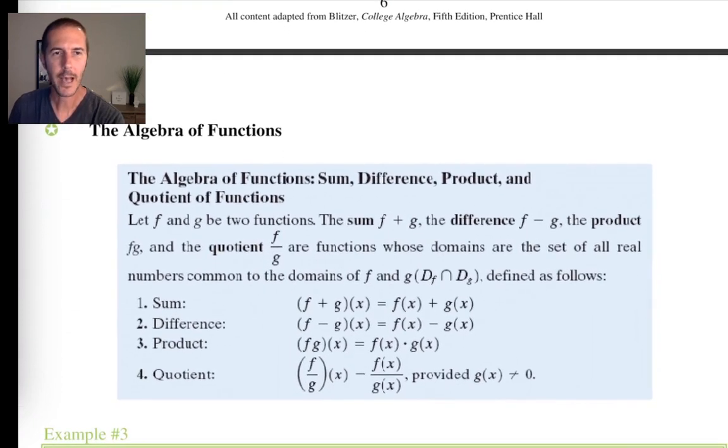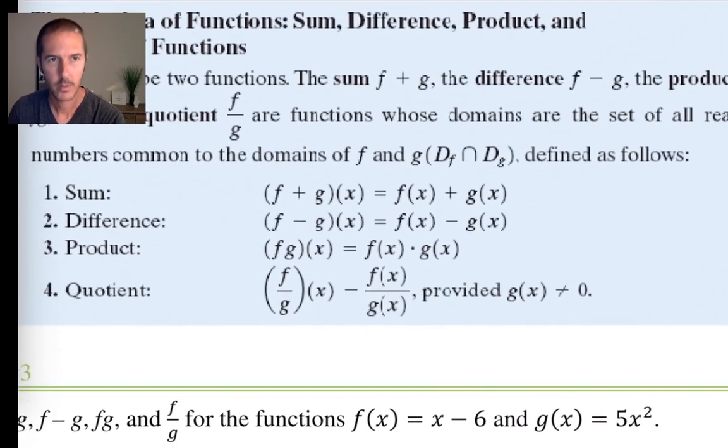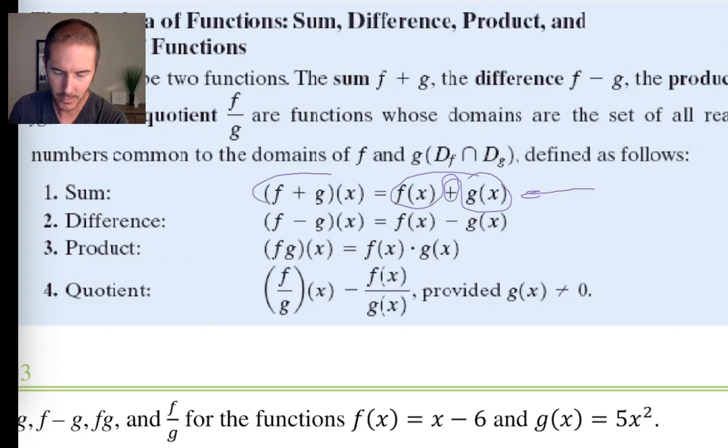And here we have the algebra of functions. So this is in large part about notation, and it is okay to add two functions together, and so you might see that expressed as one function plus another function, or you might see it using this notation, f plus g of x.